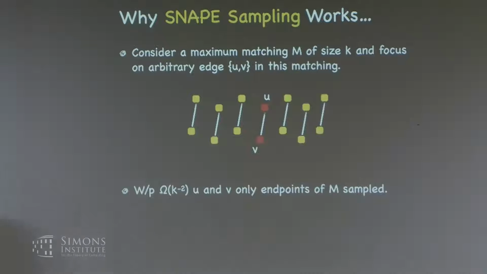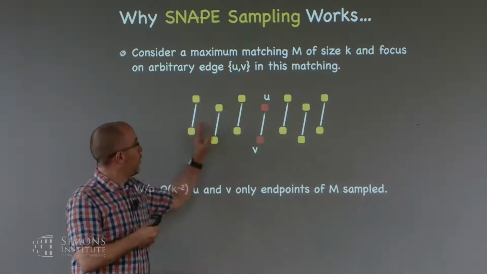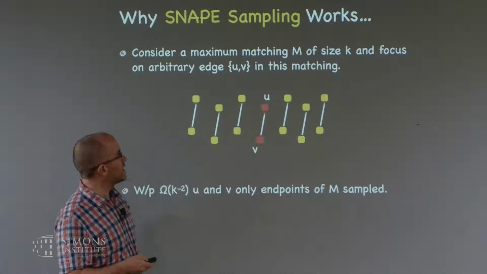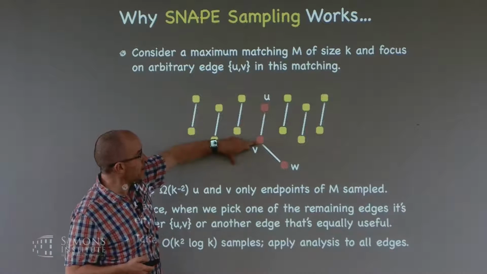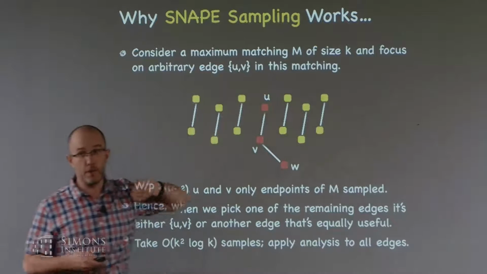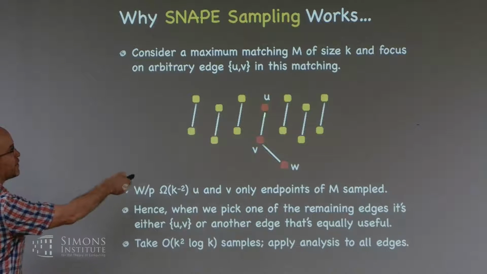Well, every edge in this graph is going to be incident to at least one of these endpoints. So in the induced graph, I'm going to end up with this edge, certainly, but maybe some other edges hanging off V or hanging off U. If indeed amongst the endpoints of the matching I've sampled U and V and no other endpoints, all the edges are going to be hanging off U, hanging off V, or this edge UV.